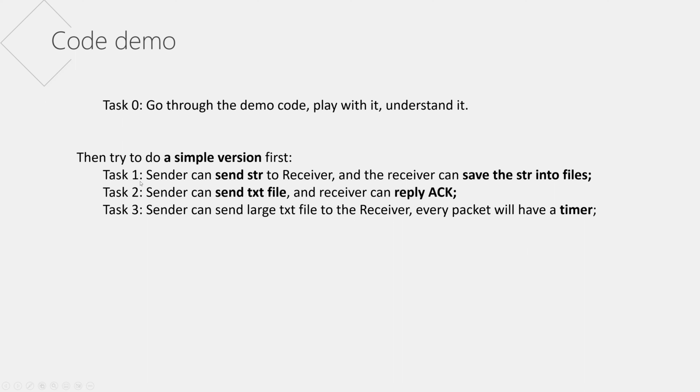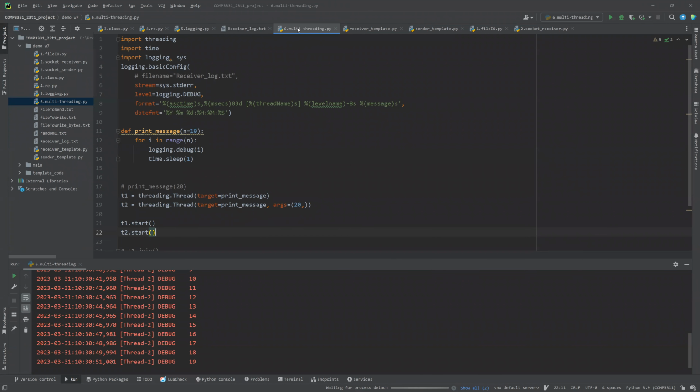So you can see here we have 3 different tasks. The first one is to try to send some string to the receiver, and we can save the string into files. And we will firstly play with it and try to understand how this works and how to run it.